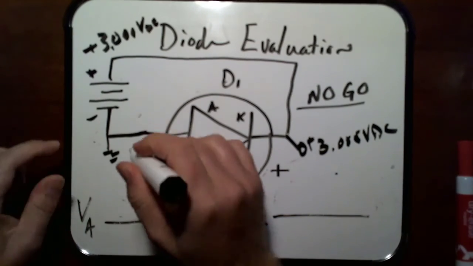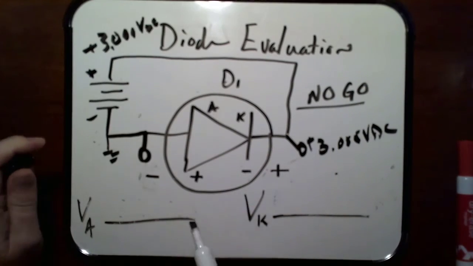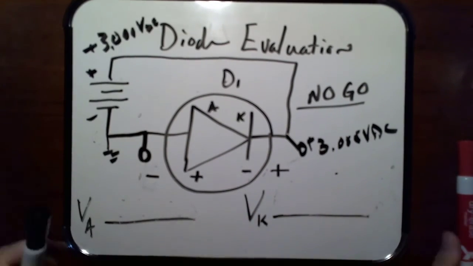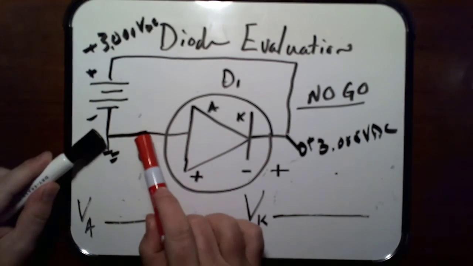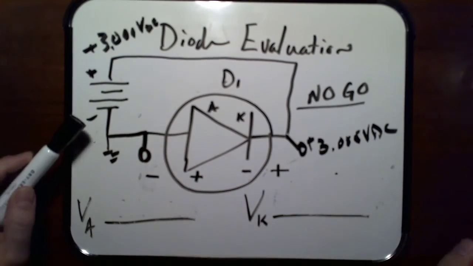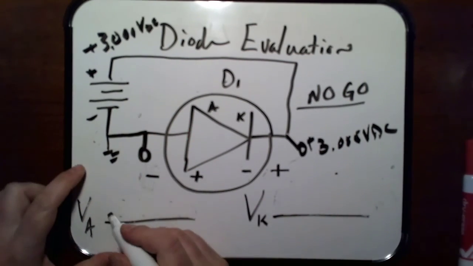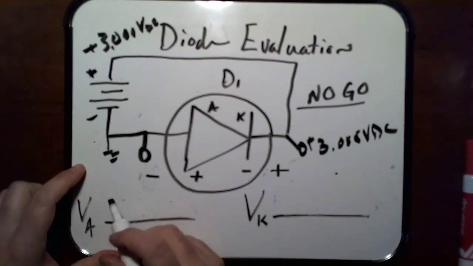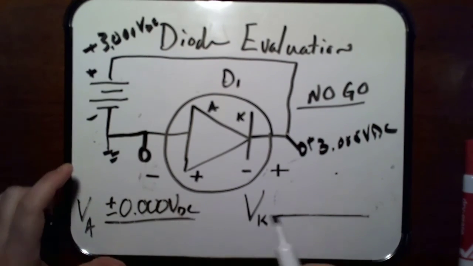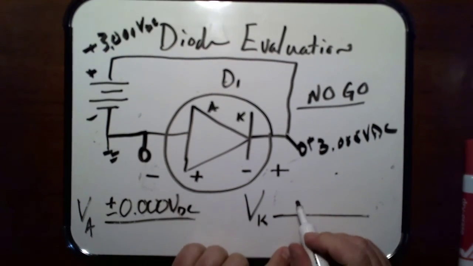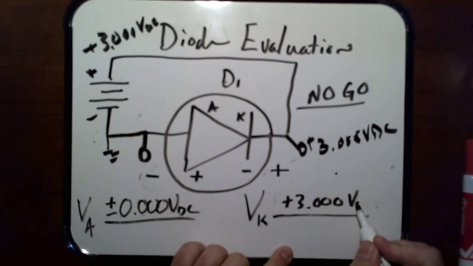I have another test point here. What's the voltage? My voltage is 0. I have no potential voltage across this little short stretch of wire from 0 to the base of my diode. So my voltage of my anode is plus or minus 0.0 volts DC, and over here my voltage of my cathode is plus 3.0 volts DC.